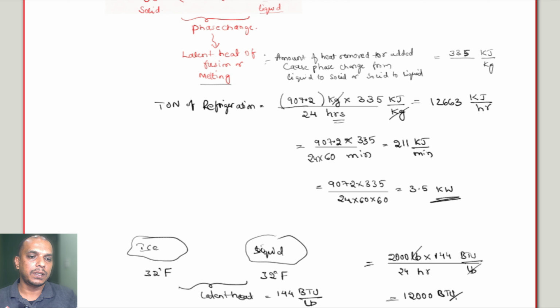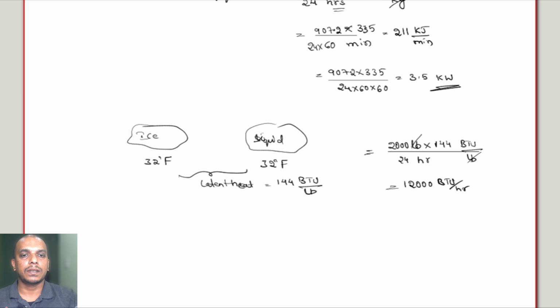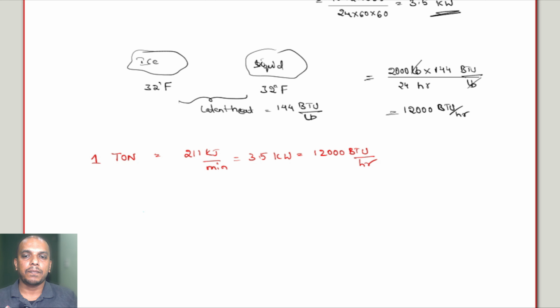So, 1 ton of refrigeration can be written in different units: 211 kilojoule per minute or 3.5 kilowatt, or in BTU per hour, 12,000 BTU per hour. A refrigerator or an air conditioner is generally specified in terms of tons of refrigeration, TR.